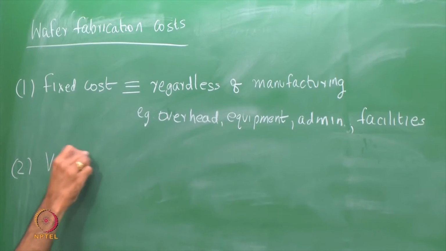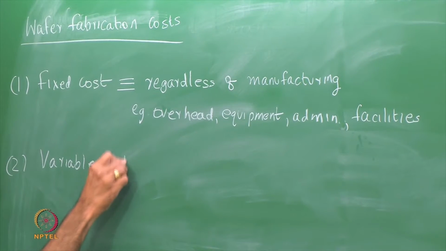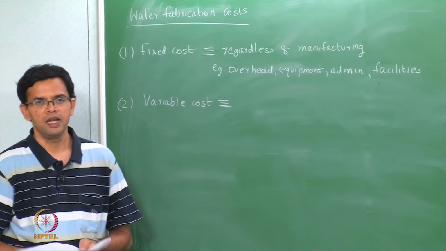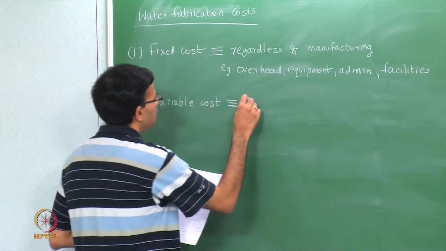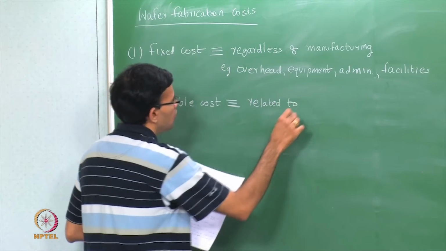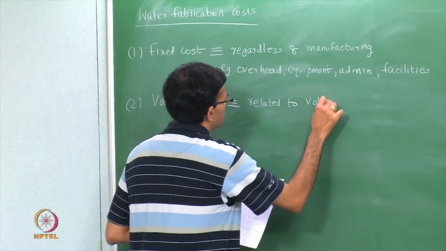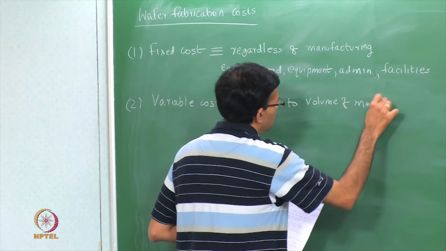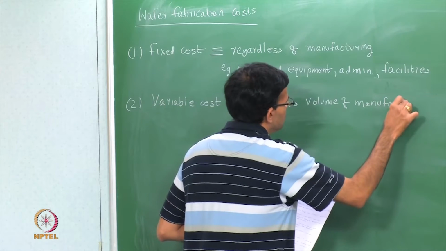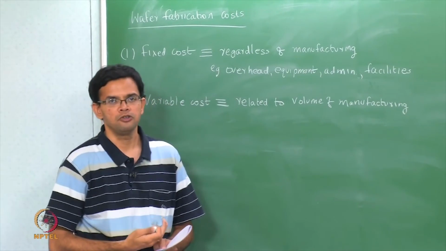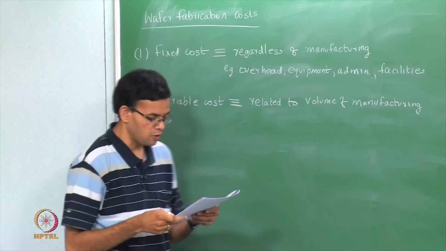The variable cost is related to the amount of material that is produced. So, it is related to the volume of manufacturing. So, the more wafers that are produced, the greater the variable cost.